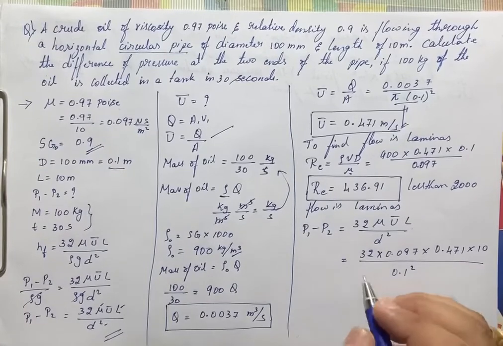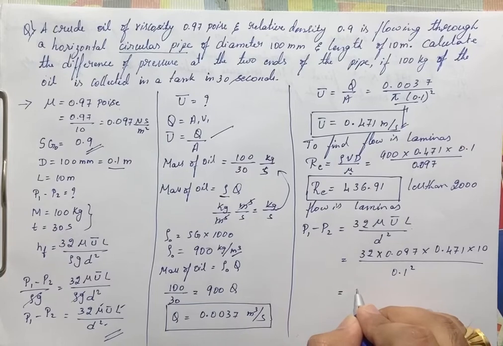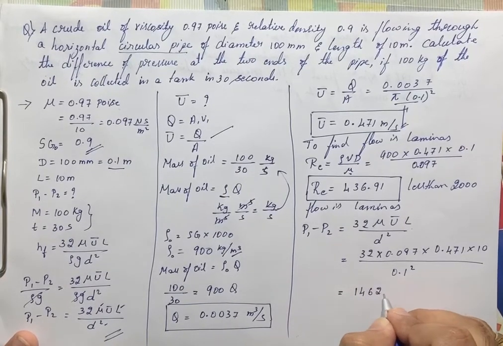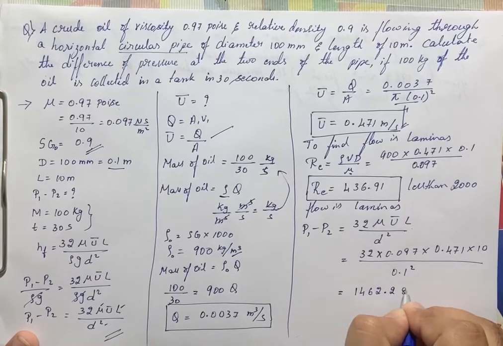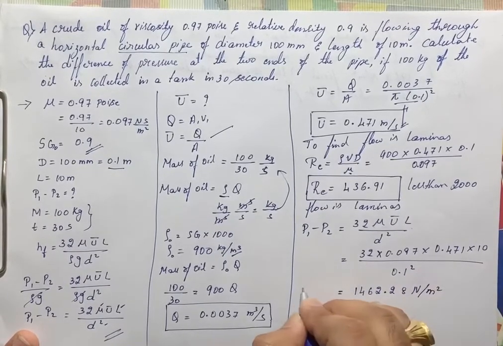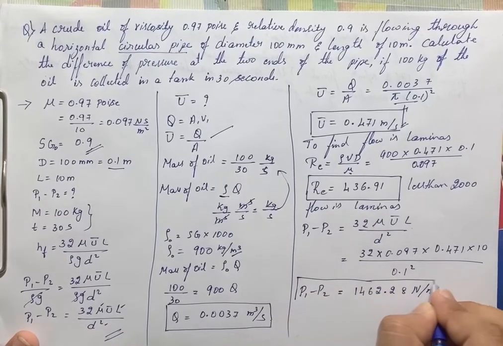So at the end we will obtain 1462.28 Newton per meter square. This is the pressure drop, P1 minus P2 is this much, right?